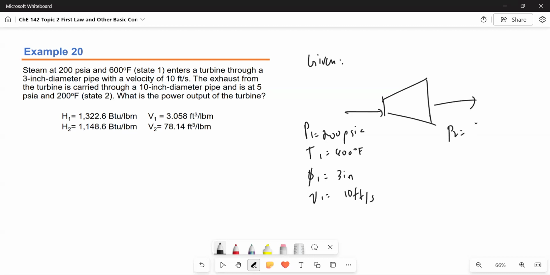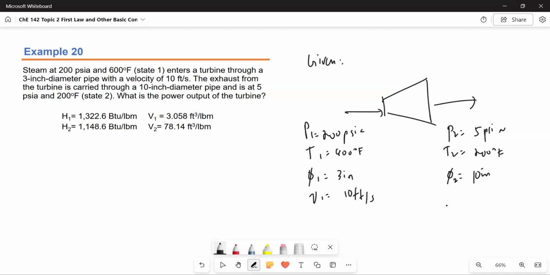For the outlet, P2 is 5 psia. So notice that the pressure is lower at the outlet. T2 is 200 degrees Fahrenheit. Okay. Diameter 2 is 10 inches, I'm sorry, this is inches.